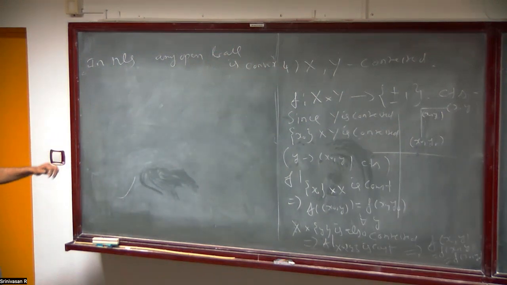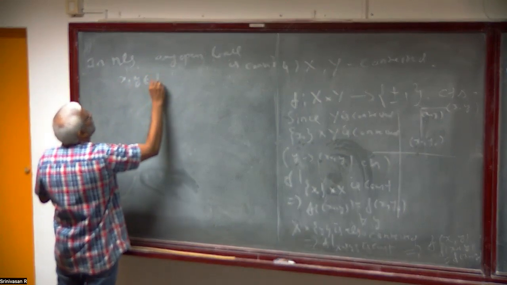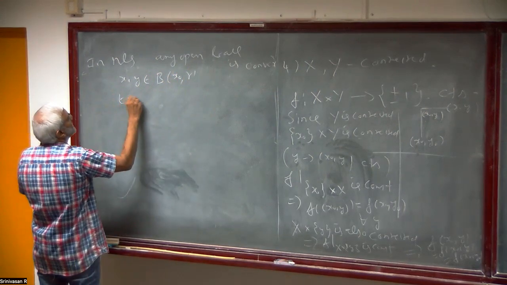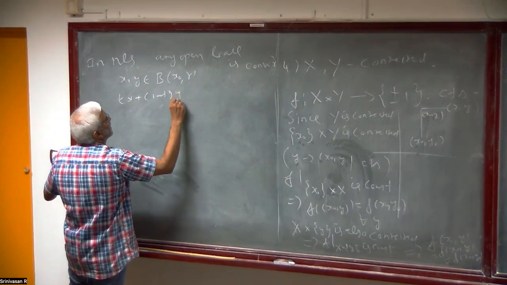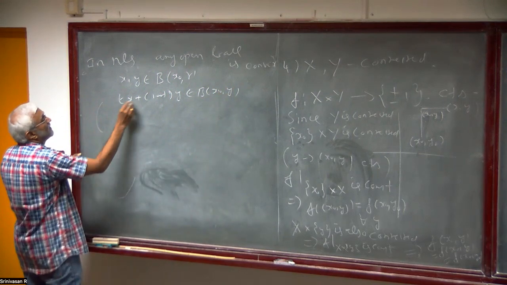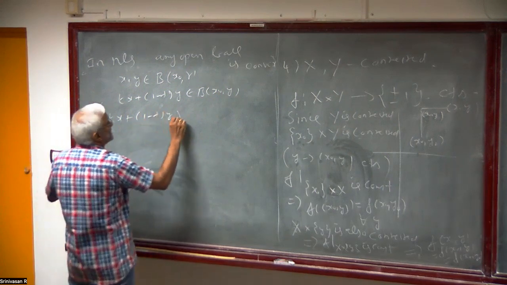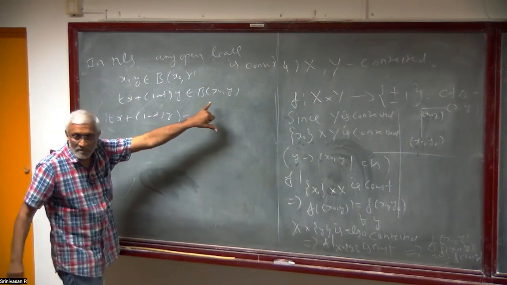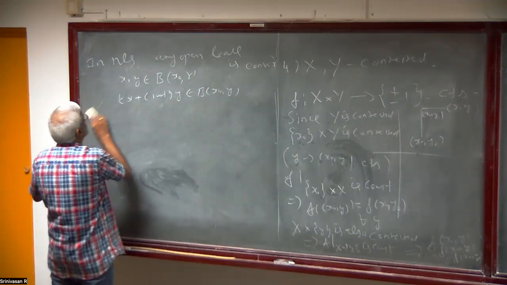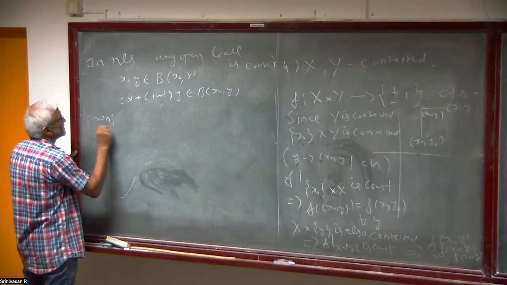So if you take any x and y in some ball B(x naught, r), then tx plus (1 minus t)y is also in B(x naught, r). As I said, you can write tx plus (1 minus t)y minus x naught as t(x minus x naught) plus (1 minus t)(y minus x naught), and use the triangle inequality and you get that. So we use that to prove this.